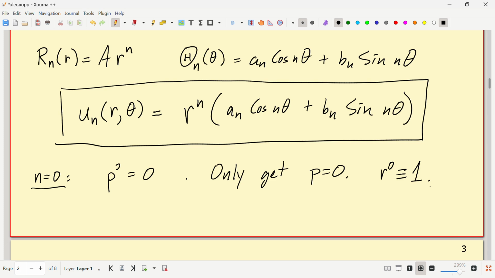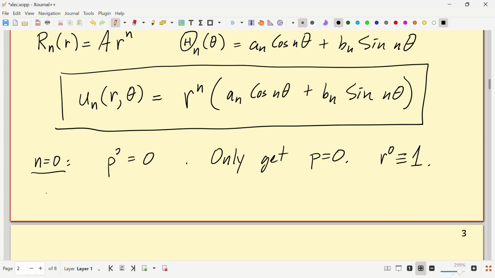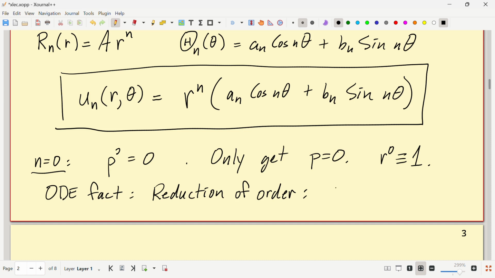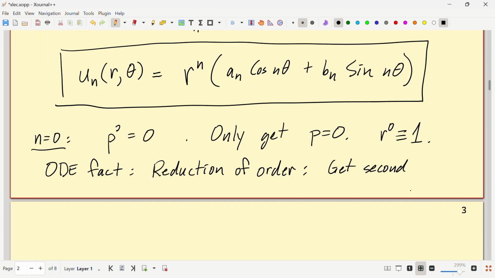And it's an ODE fact that you can do reduction of order. You can do the method of reduction of order, which I might review. It's an ODE thing. It's worth reviewing at some point. Reduction of order, you get a second solution, which turns out to be log of r.